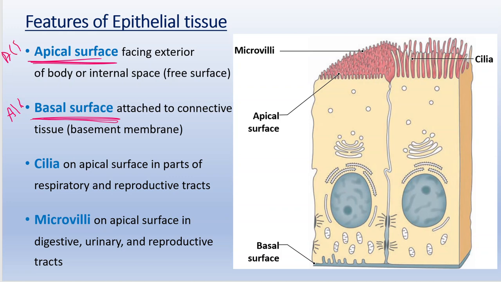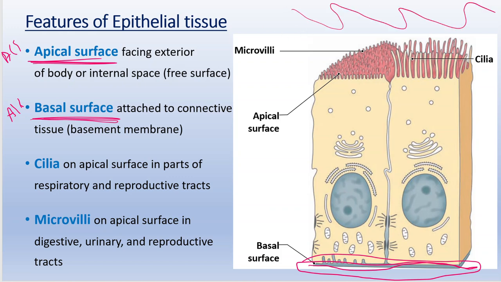The basal surface, also known as the basement membrane, is the bottom layer that's attached to an underlying type of tissue, usually connective tissue. The apical surface is the side that is lining your free area. There's nothing here; this is all free space. So this one is attached to an underlying tissue, and this one is the free surface.